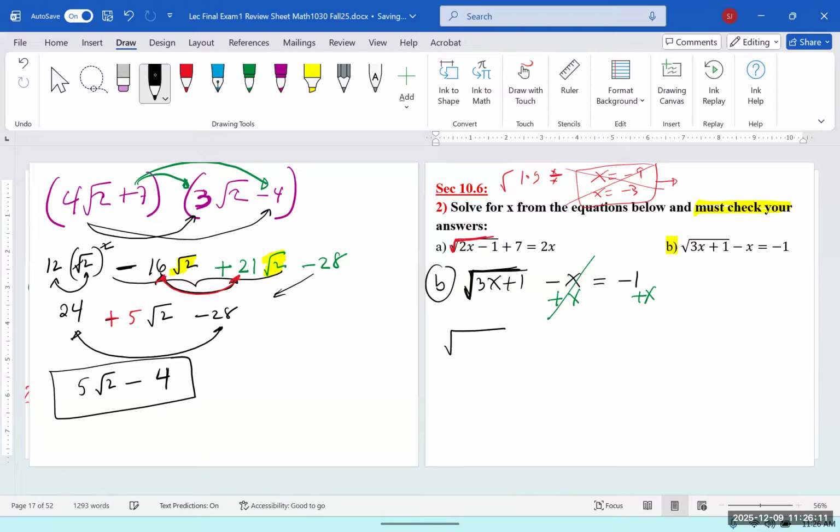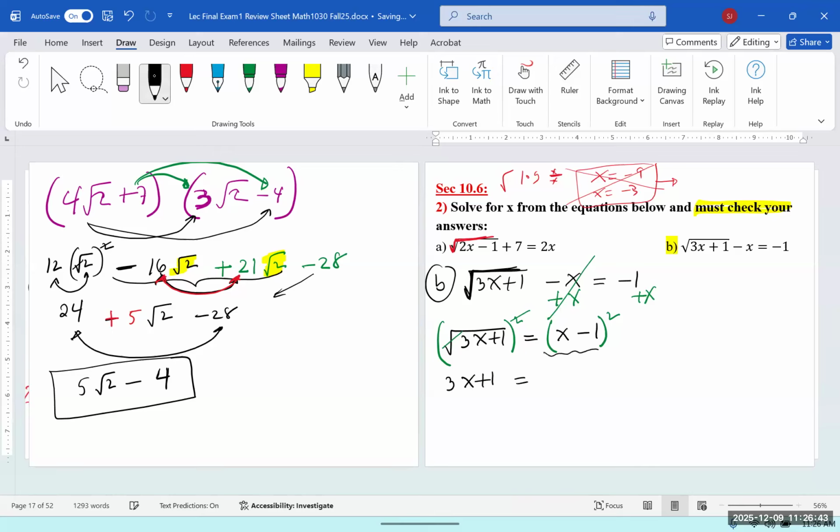And we get our radical term alone on one side. And on the other side we get x minus 1. And when your radical is alone, it becomes very weak. So we invite the square to kill the radical. So the radical vanishes and we get 3x plus 1.